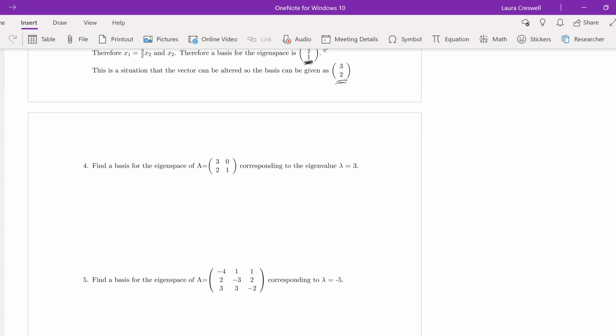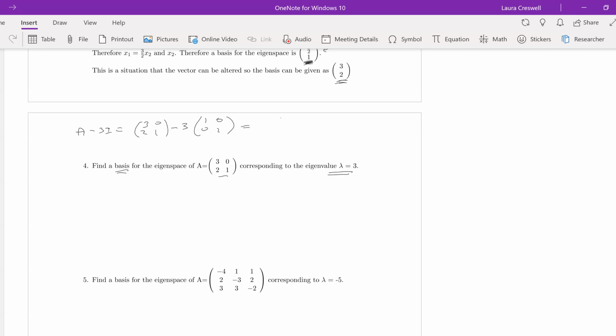So here is my matrix. Find a basis for the eigenspace for this matrix corresponding to this eigenvalue of 3. Again, I'm going to want to find A minus 3I. So 3, 0, 2, 1, subtract 3I.